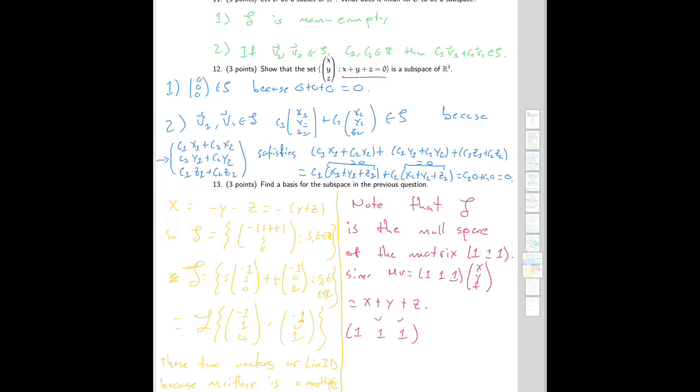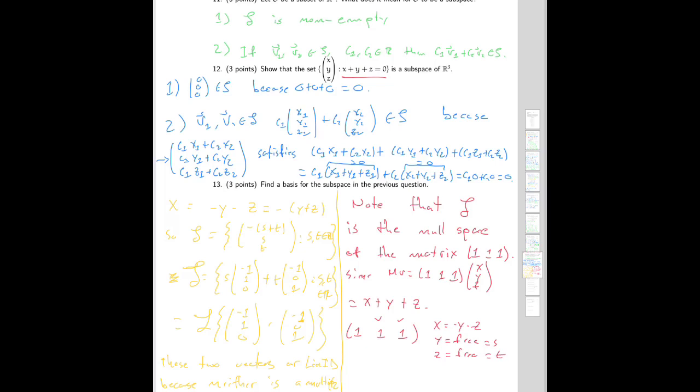And this tells us that the second variable and the third variable are the free variables. And so the null space of this matrix is going to be all vectors, well, if we solve this, we'd get x is equal to minus y minus z, y is free, and z is free.